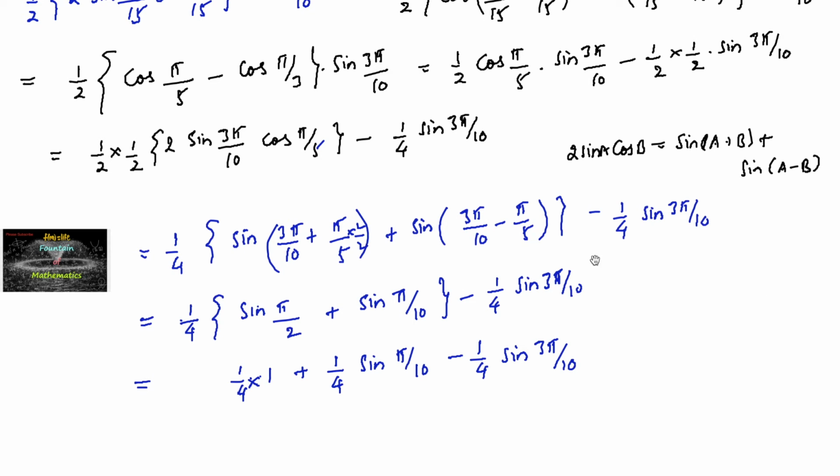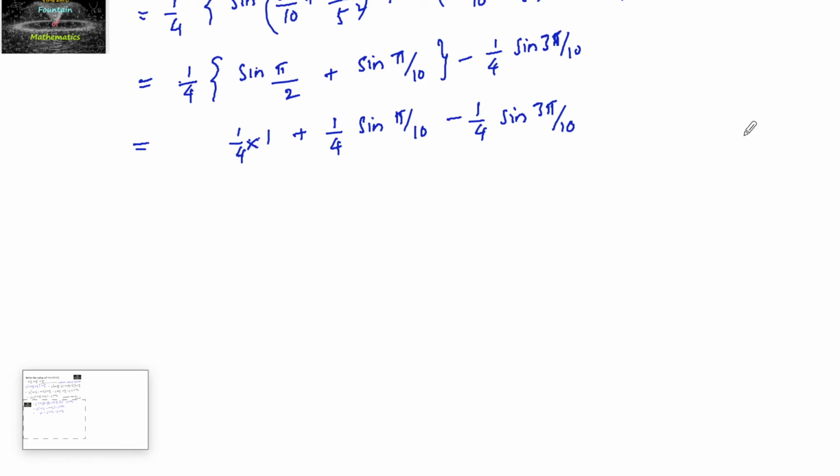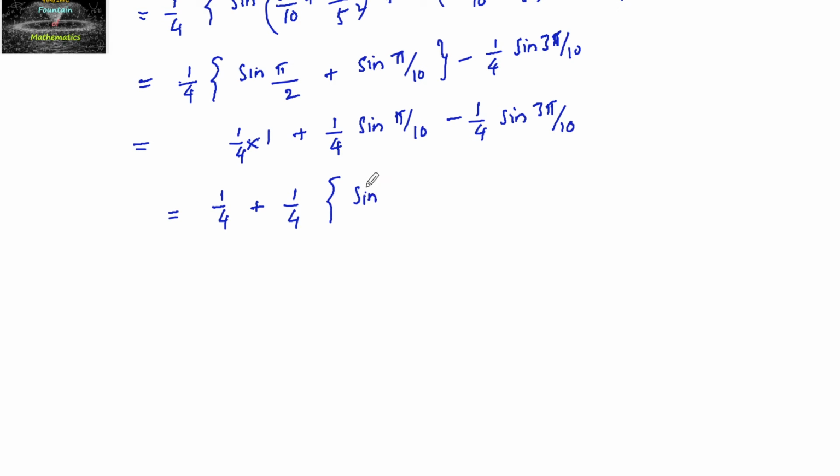So in the next step let us write 1 by 4 plus 1 by 4 taken common, sin pi by 10 minus sin 3 pi by 10, and let us use the sin C minus sin D formula. So sin C minus sin D is equal to 2 cos of C plus D by 2 into sin of C minus D by 2.